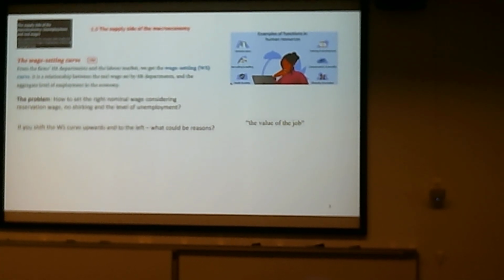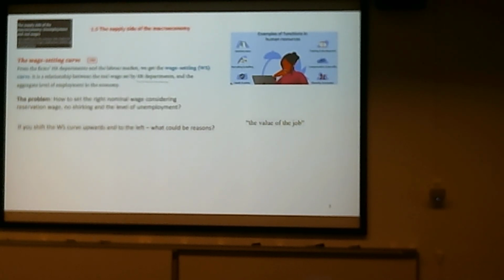It says here, it's the supply side of macro. It's the wage setting curve, and from the firm's HR department and the labor market we get the wage setting curve. It is a relationship between the real wage set by HR, or what they actually set is the nominal wage, but when we get information also about the price, then we can find the real wage.